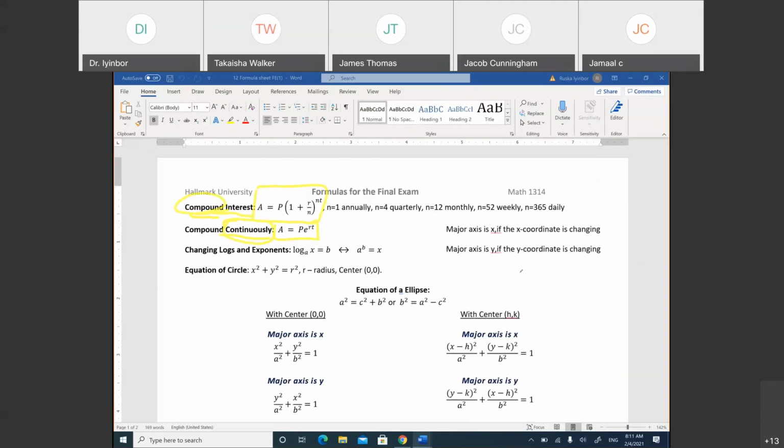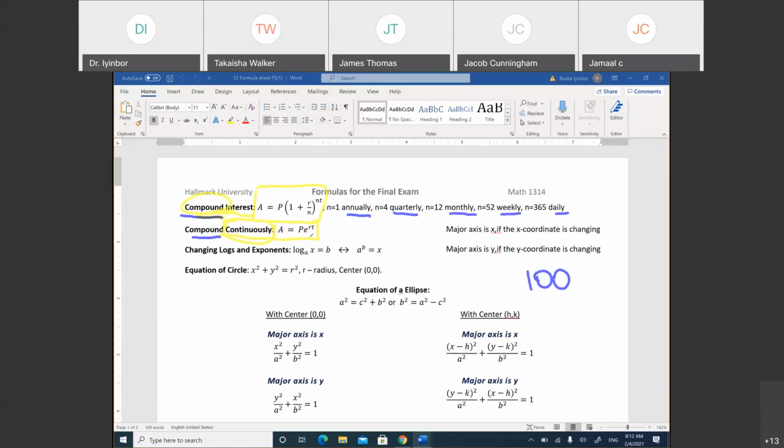After the word compound, you're going to see one of these words: compound annually, compound quarterly, compound monthly, compound weekly, compound daily, or whatever it is. Now, if it's compound continuously, then it's the second formula.